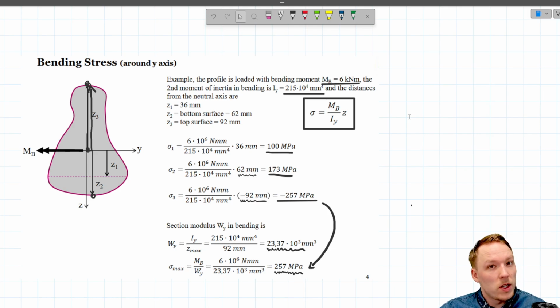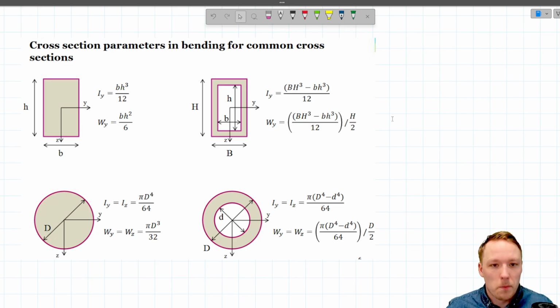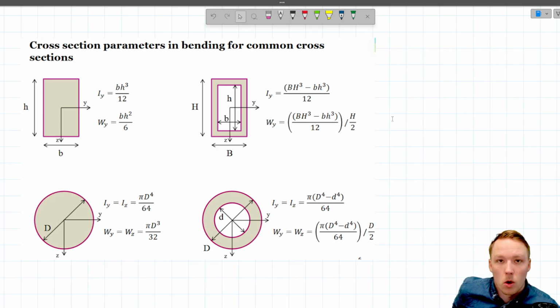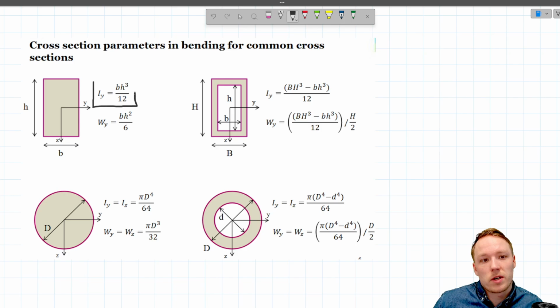But one thing that we don't know yet is how we get these second moments of inertia for the profiles. Well, luckily, for basic shapes like rectangles, circles, hollow rectangles and hollow shafts, we have these basic equations for calculating the second moment of inertia in bending.